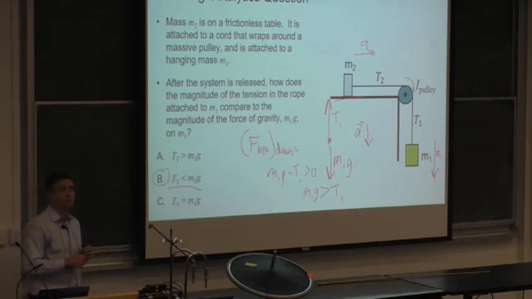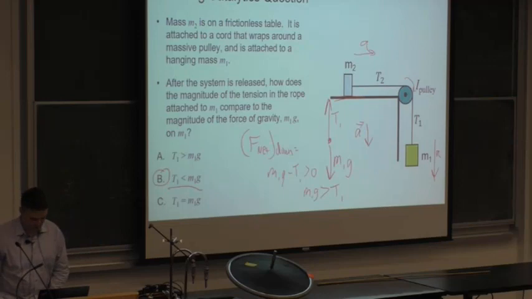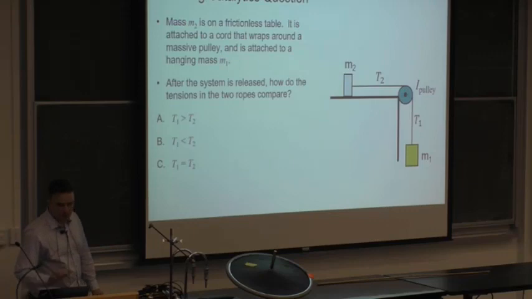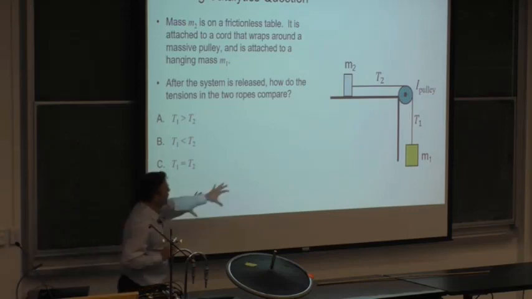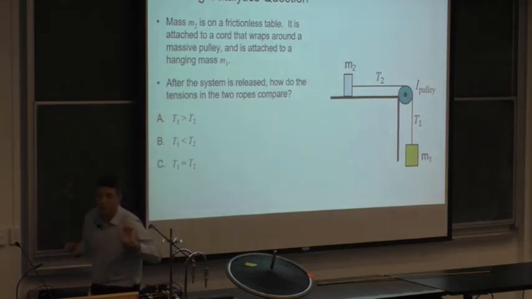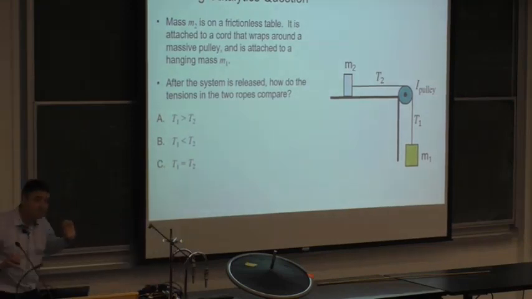Follow me? Okay, now we're going to apply that same kind of reasoning to angular acceleration of the pulley. And this is harder. This is a Chapter 9 question. How does the tension in the lower rope compare to the tension in the upper rope, both of which are exerting torques on the pulley?